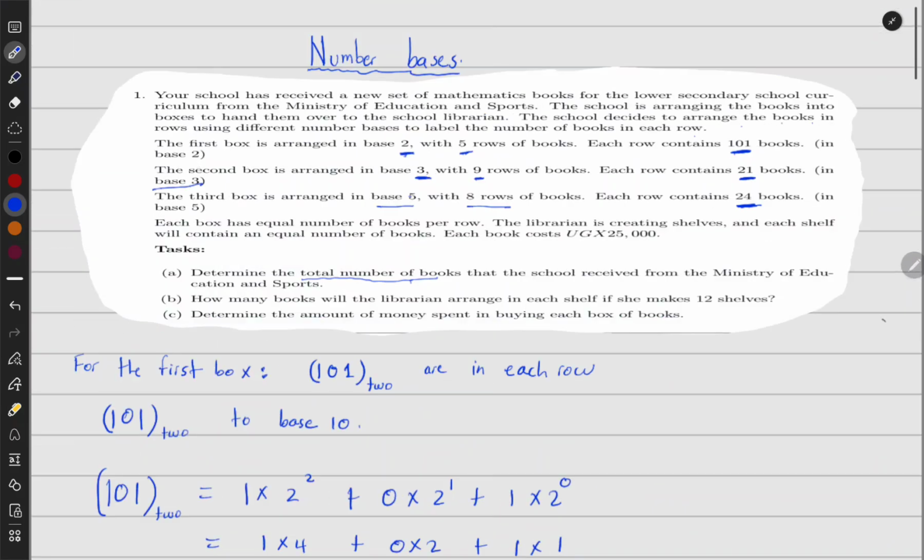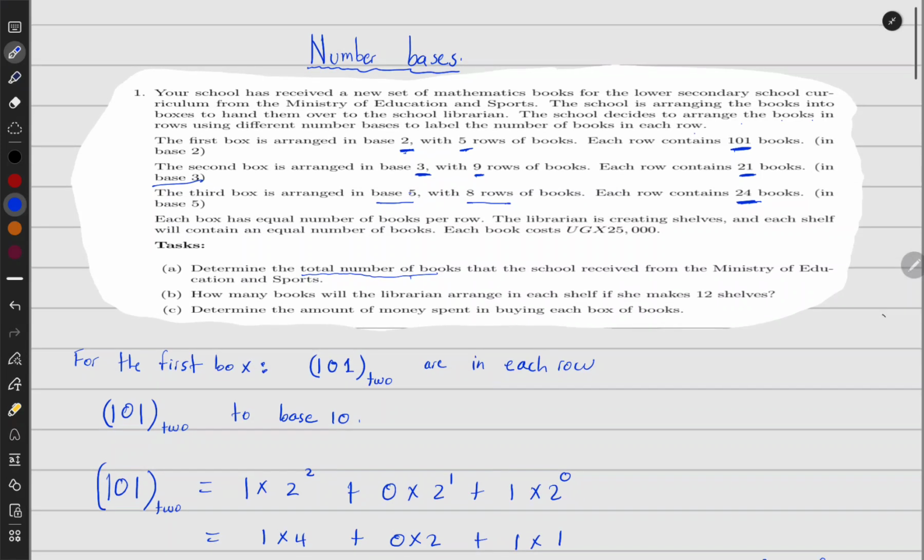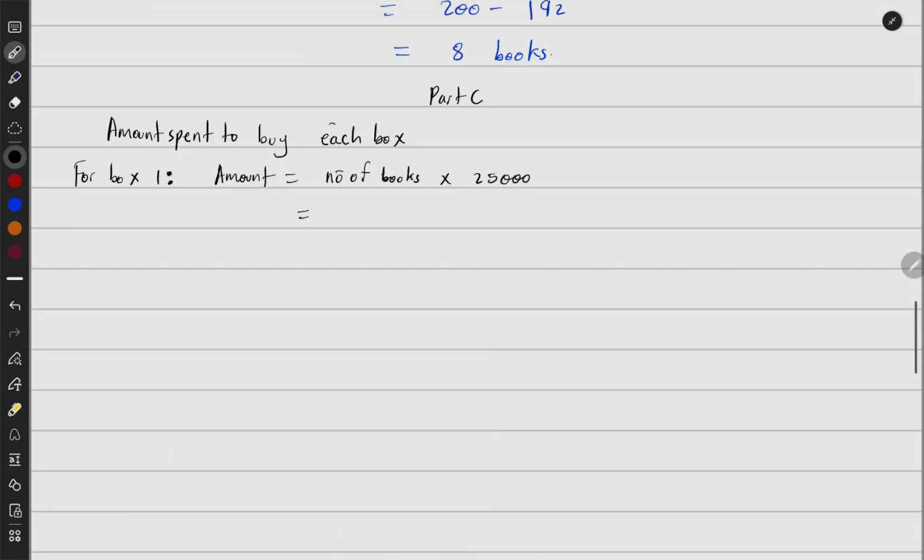Now let us proceed to the part where they want us to determine the amount of money spent in buying each box of books. A good thing is they give us the amount at which each book is bought. Therefore, we just have to get the total number of books in each box times that amount. So for box 1, the amount used to buy the box is going to be the number of books, which are 25, times the unit cost for each book.